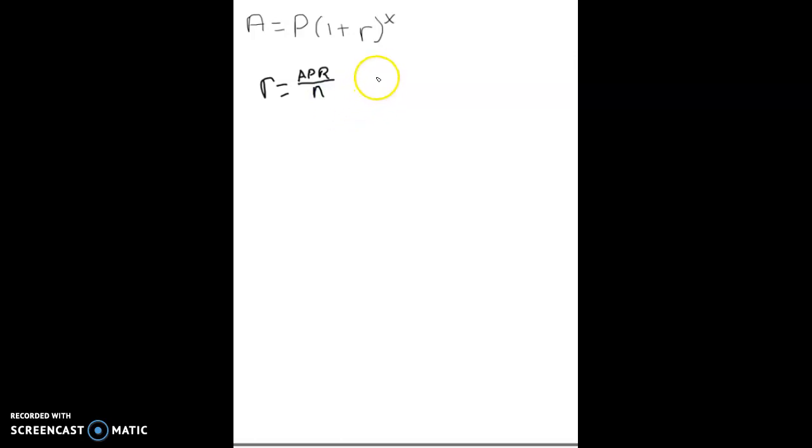So let's talk about what that means for a minute. If this is a yearly or annual type of account, that n value will just be 1. If it's annual, it's just one time a year. If it's monthly, then n is 12 because it happens 12 times a year.